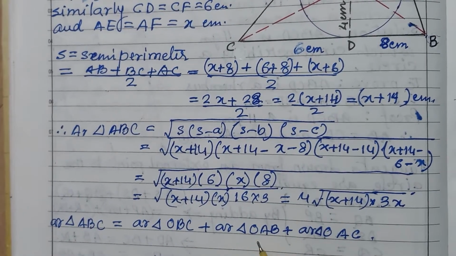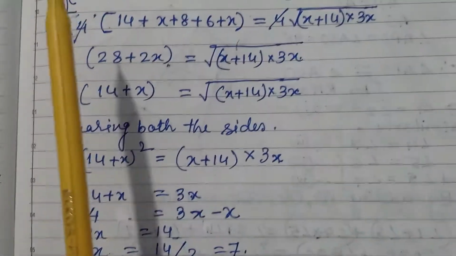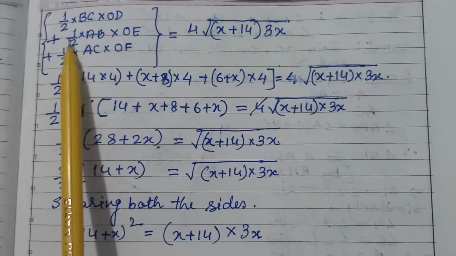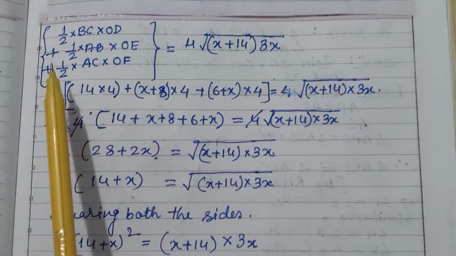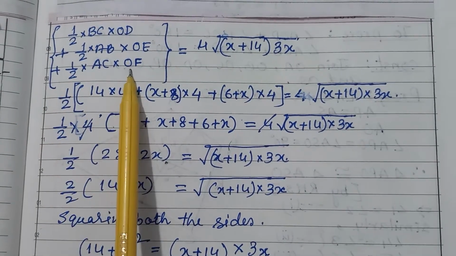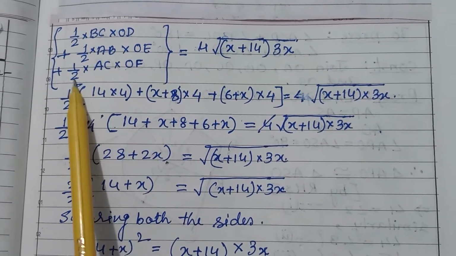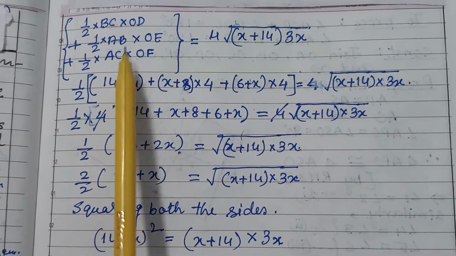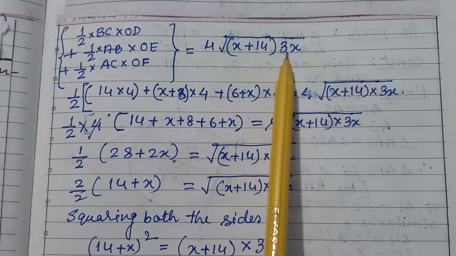Now, see here. Half base into height plus next triangle half base into height, next triangle half base into height. These three together is equal to area of triangle ABC.